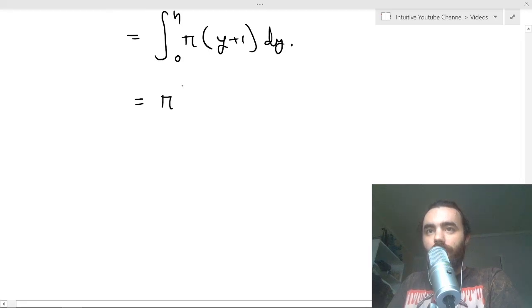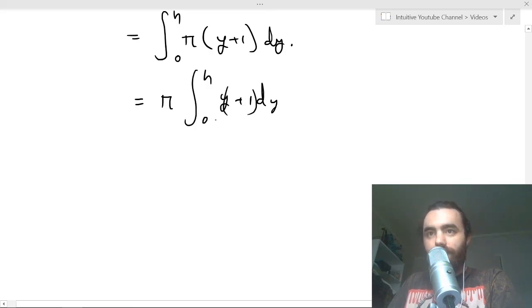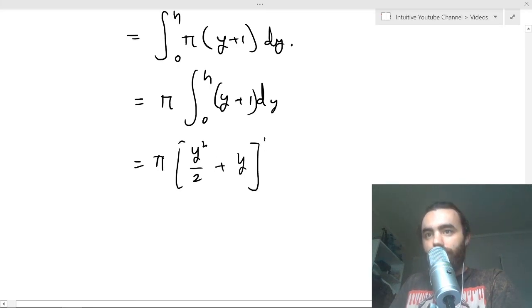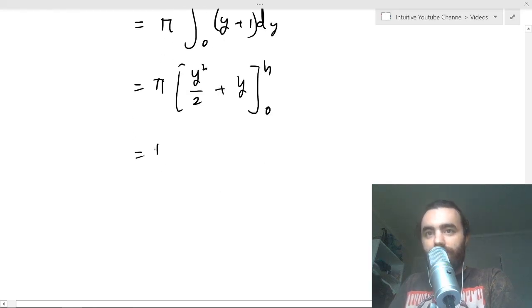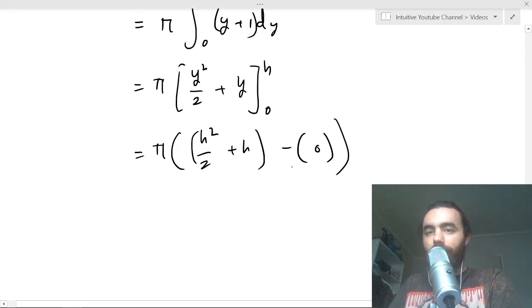So that equals pi times the integral between h and 0 of y plus 1 dy. So let's integrate this to give us pi times y squared over 2 plus y between h and 0, which gives us pi times h squared over 2 plus h, minus 0.